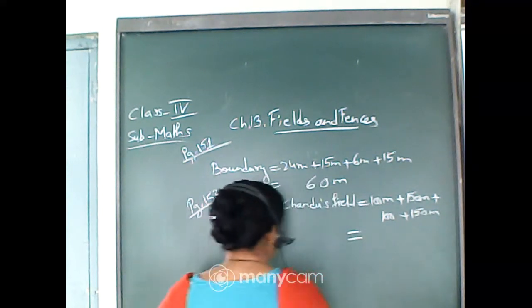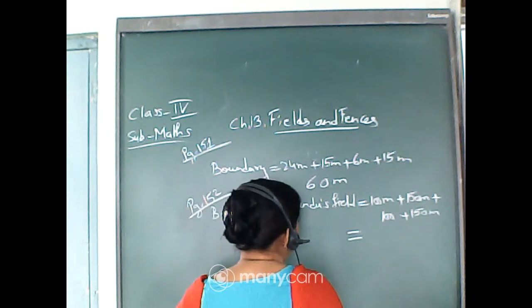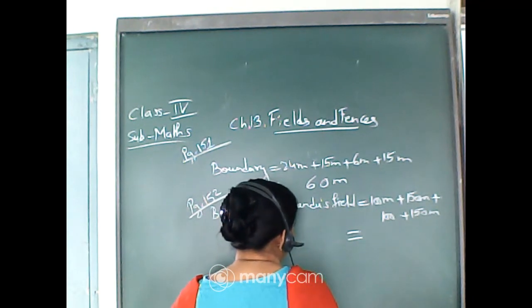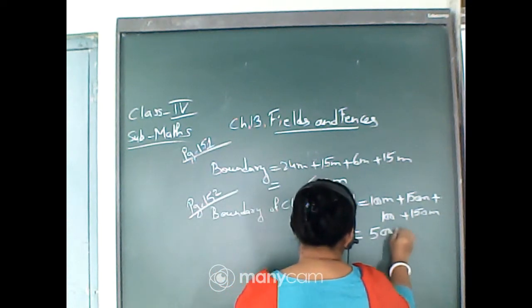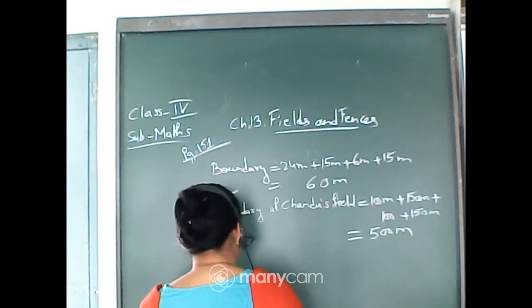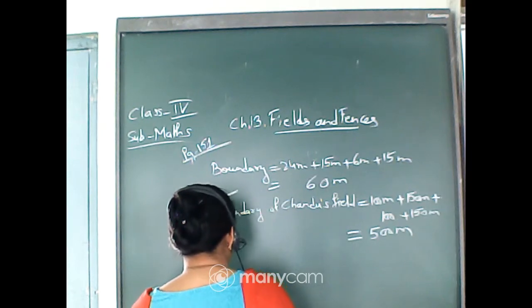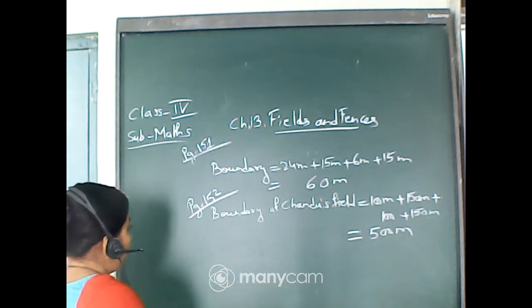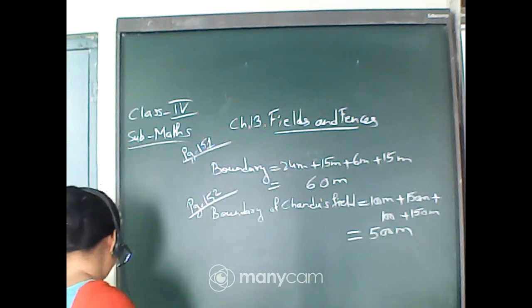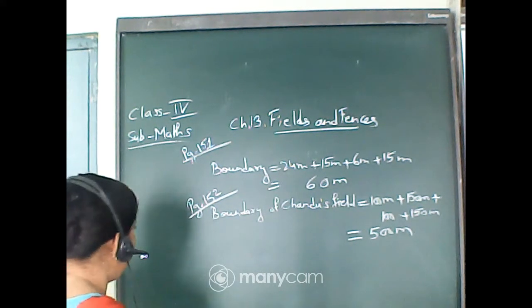So you are getting 500 meter, isn't it, when you add. So this is the perimeter of Chandu's field. Now you have to find the total distance he covers.